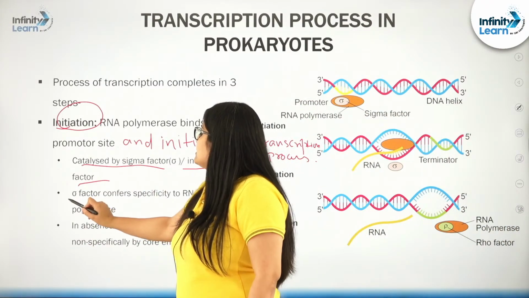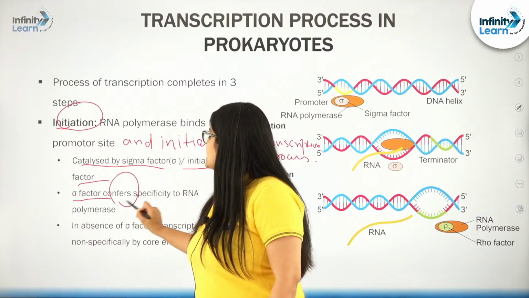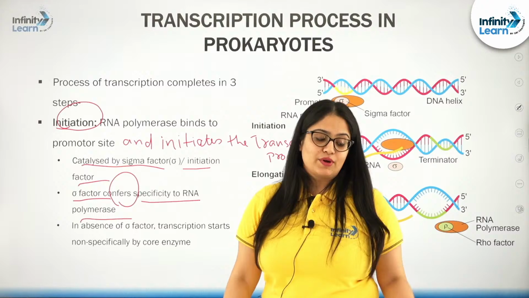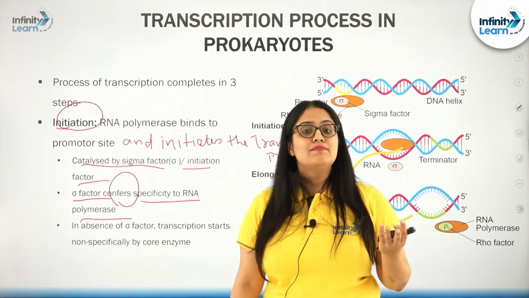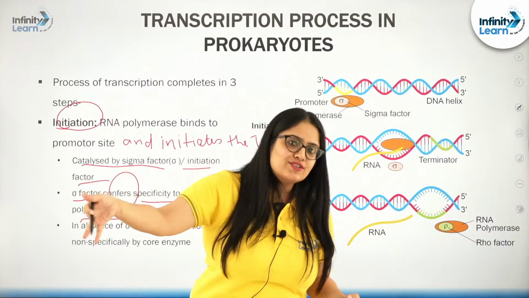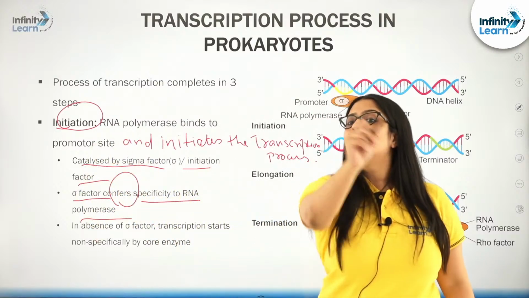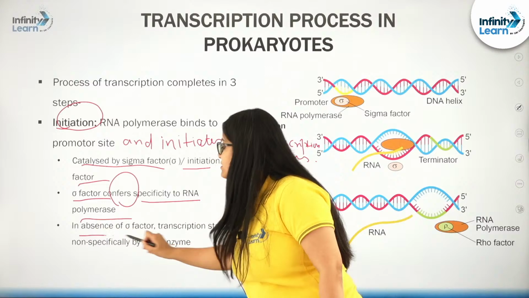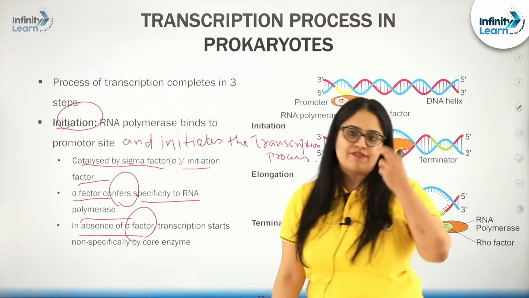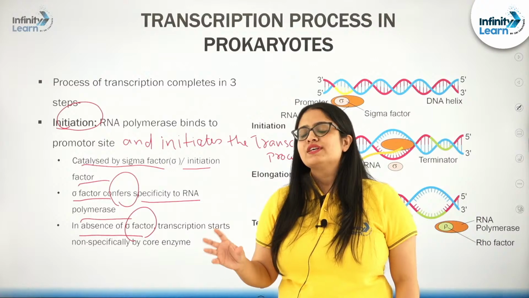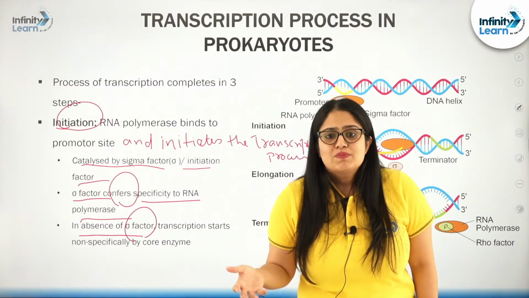Next, sigma factor confers specificity to RNA polymerase. I already explained this point. Because of the binding of sigma factor, the RNA polymerase knows exactly where to go and bind on the promoter region and start the transcription process. In absence of sigma factor, RNA polymerase will not have the specificity.